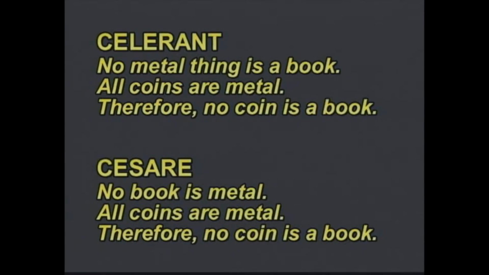No metal thing is a book. And so what we see is that since the rules for the conversion of propositions are true, we can show that the syllogism Cesare reduces to, is equivalent to, the first figure perfect syllogism Celarent, which we know works.